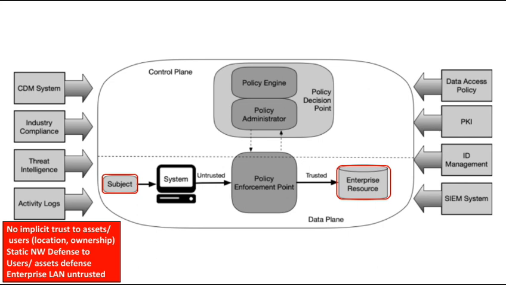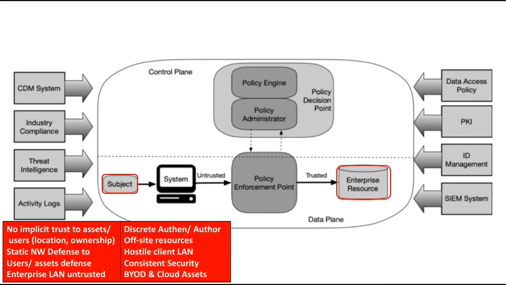An enterprise lane is no more trusted inherently. Moreover, authentication and subsequently authorization are two discrete functions, and each and every action of the subject and the enterprise resource will be closely monitored for any kind of violation.